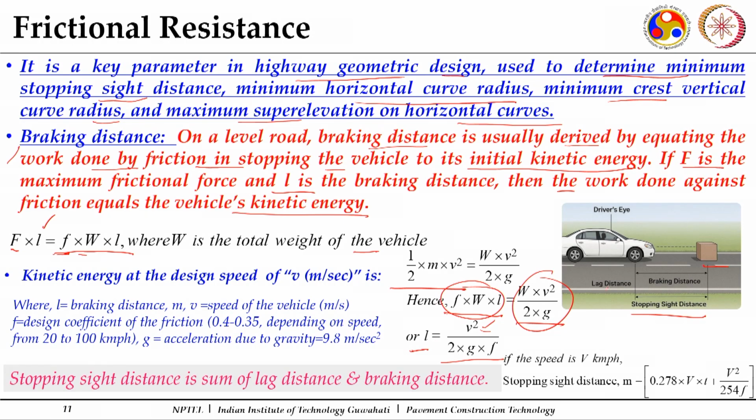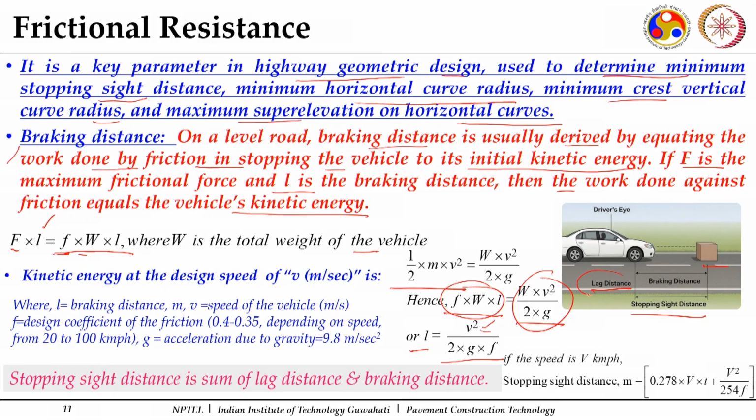In addition to this, you can see a lag distance is mentioned. I am not going into depth on it. Lag distance means that as soon as a vehicle user finds an obstacle, some time elapses before he applies the brake. He needs a certain time to come into action.